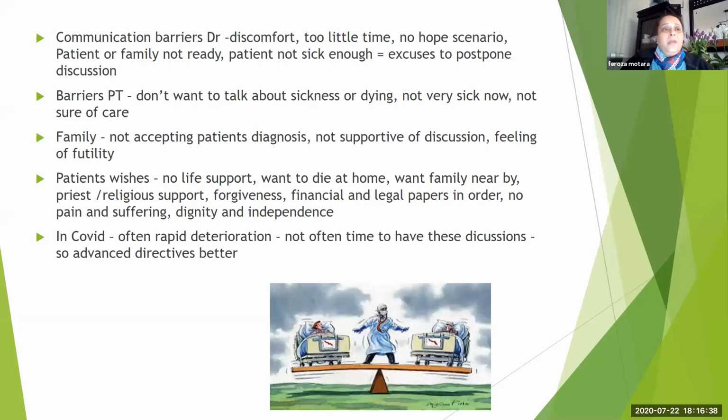Patient barriers and family barriers are just as important. Patients are in denial about a diagnosis, as will be a family. My family member is not dying. They don't have a terminal illness, and there must be something more that can still be done. And those concerns and decisions have to be addressed and worked through.